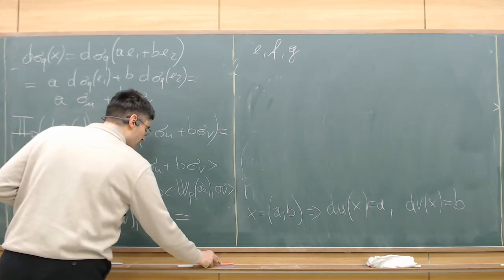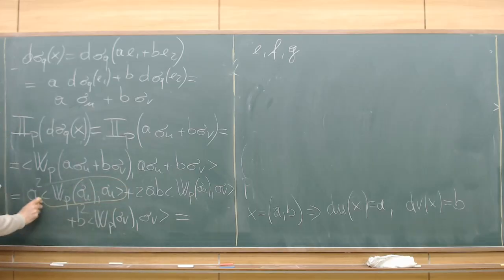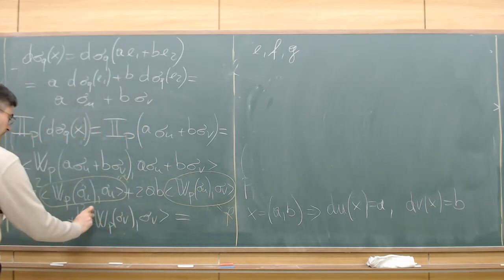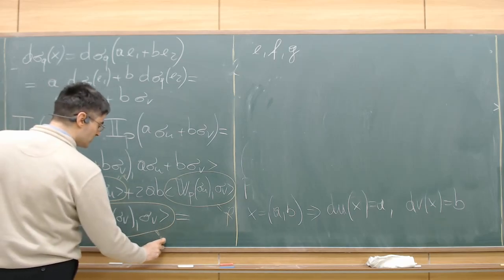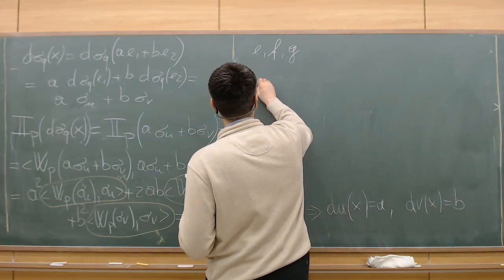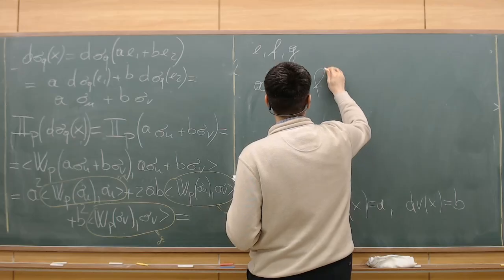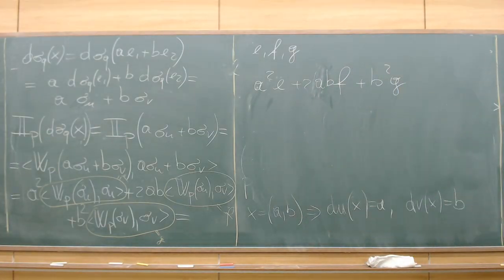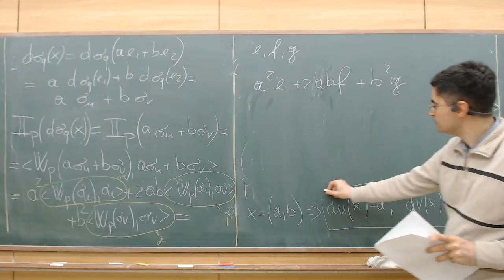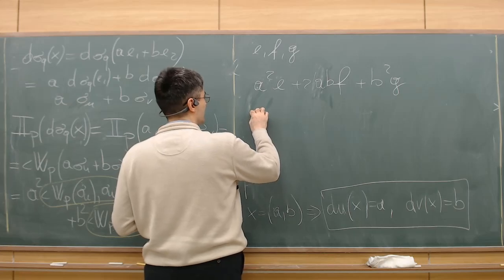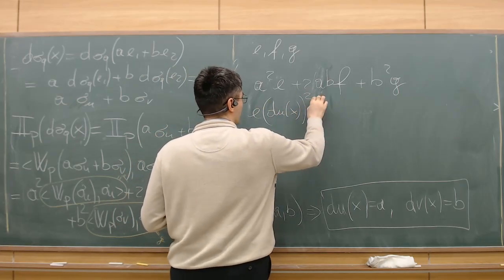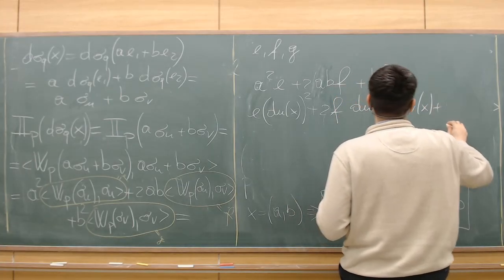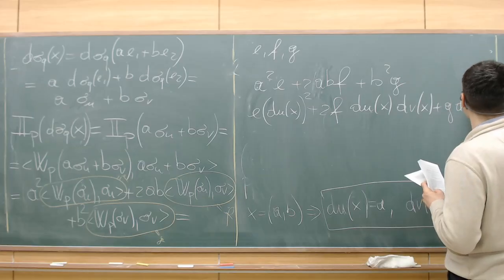So you get that this is exactly E, this is exactly F, and this is exactly G. So I can write A squared E plus 2ABF plus B squared G. And now I use these two identities, because I can write now E du x squared plus 2F dux dvx plus G dv squared x.